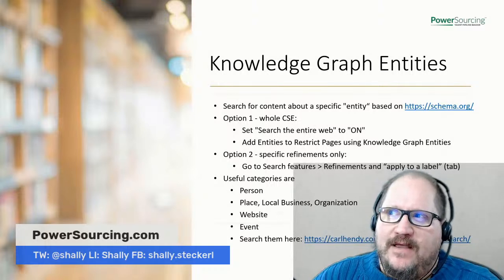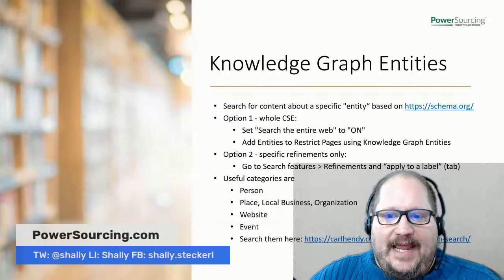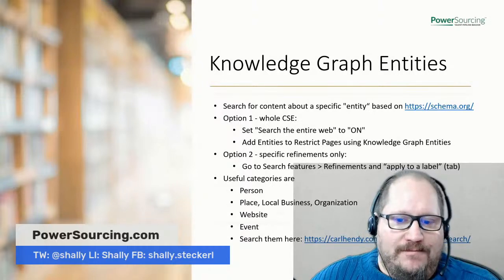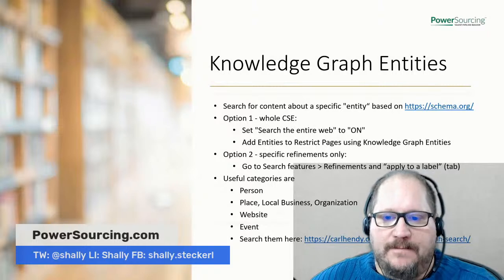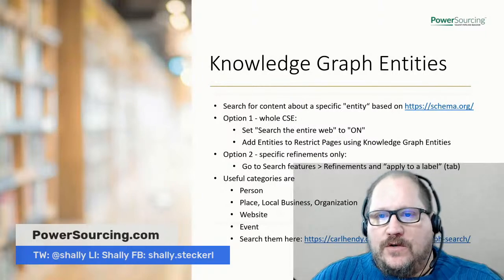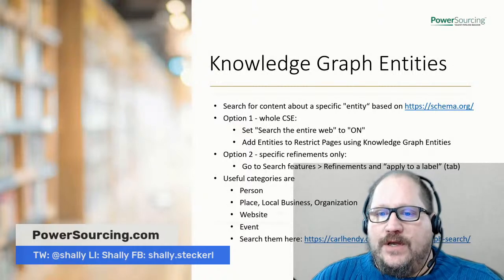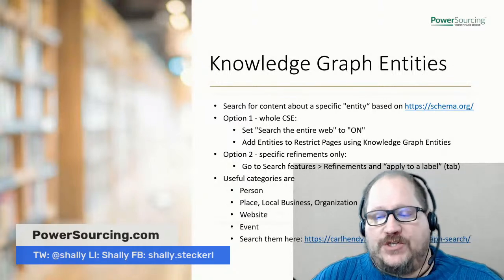These are kind of large ideas and concepts. I call them categories, or perhaps they're better off as entities, like Google calls them. And you can do this in 2 different ways. You can use Google's knowledge graph entities, or you can use the schema.org construct.